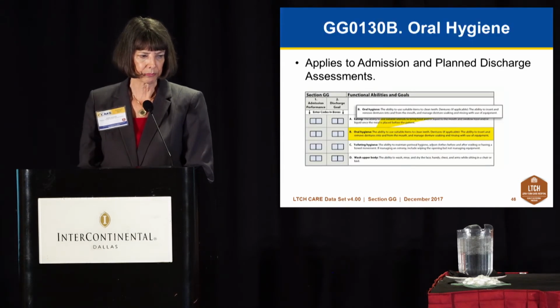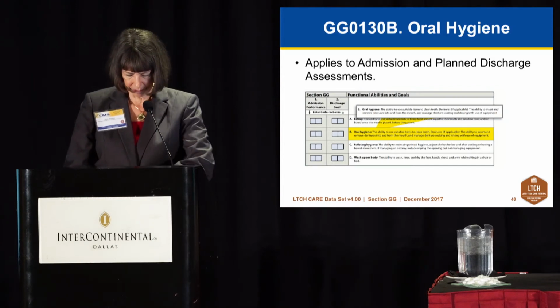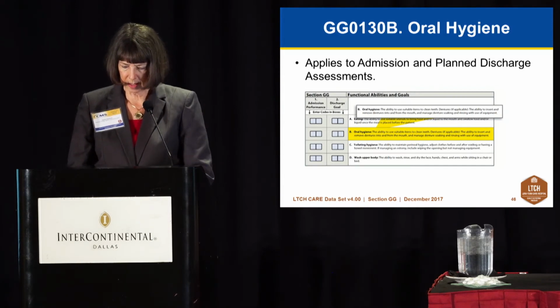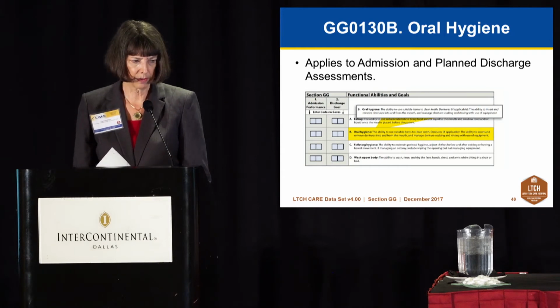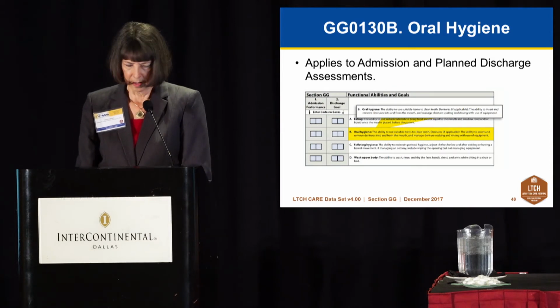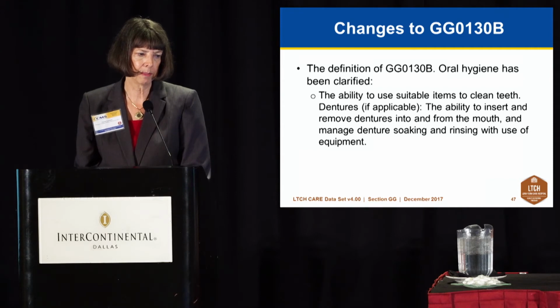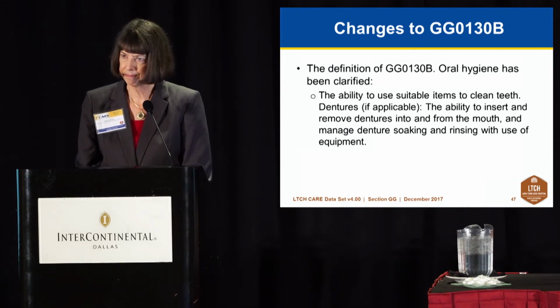So let's go through oral hygiene. And you can see what it looks like in terms of the item. It's the second one for GG0130. The definition of GG0130B, oral hygiene, has been clarified.